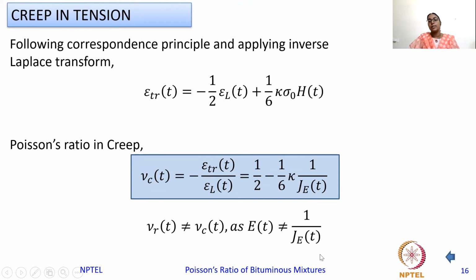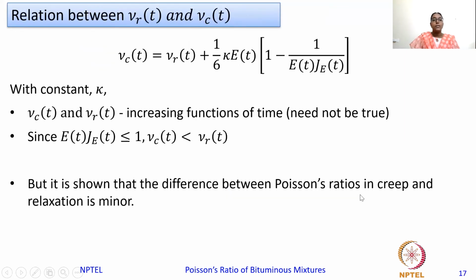That is, the creep compliance is not the reciprocal of the Young's modulus. Okay. Now we can see a relationship between the relaxation Poisson's ratio and the creep Poisson's ratio. The creep Poisson's ratio is equal to the relaxation Poisson's ratio plus half kappa ET into 1 minus 1 by ET JET. Now, this again is for a constant bulk compliance.